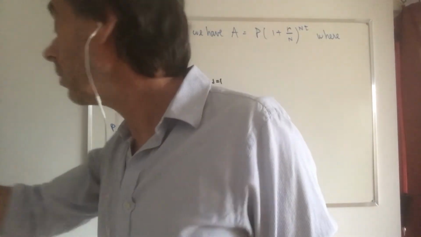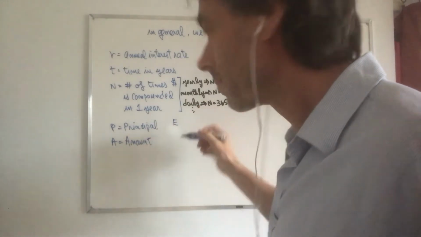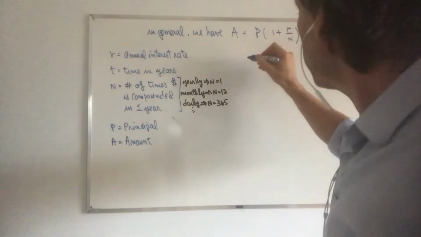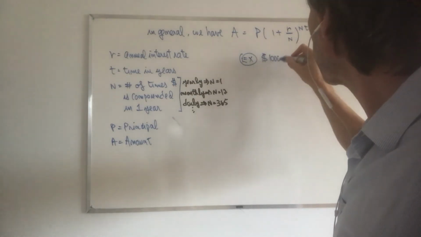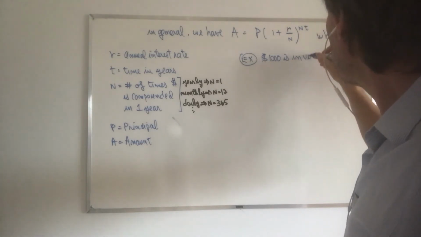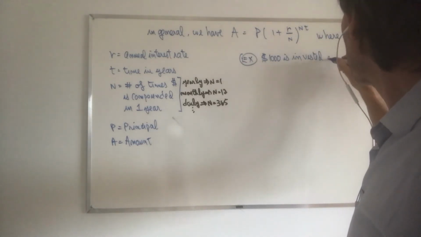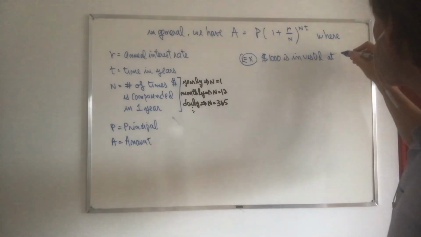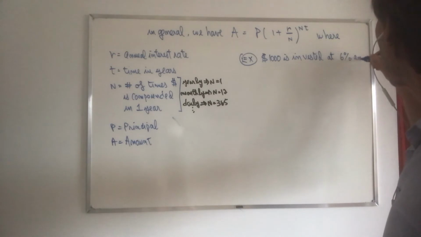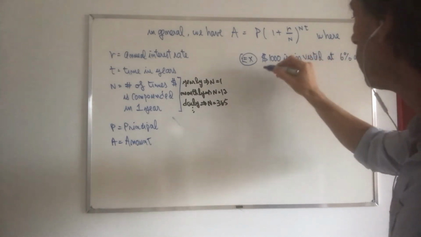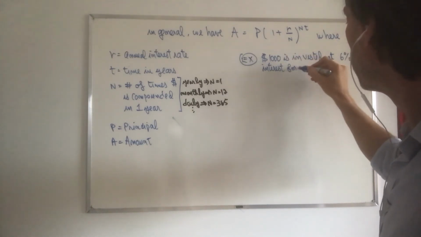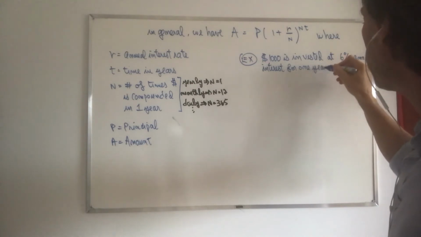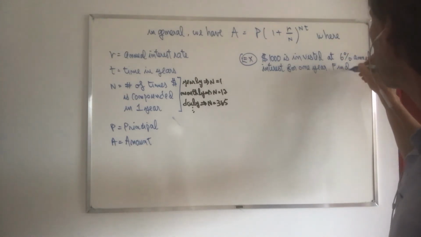Let me show you an example here in blue. Example: $1,000 is invested at 6% annual interest for 1 full year.